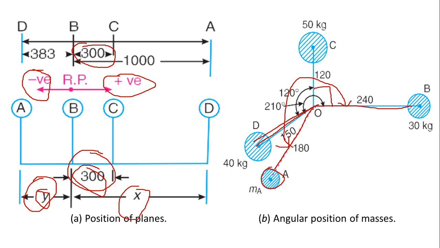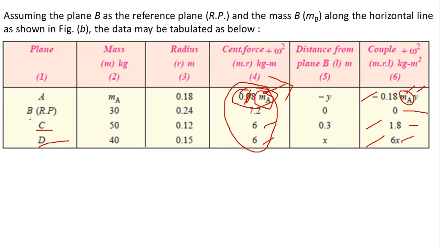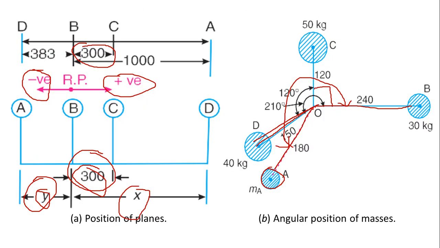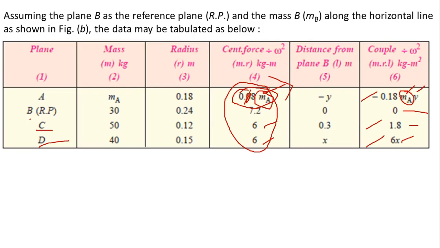You know the angular positions for A, and even for D. So with respect to the angular position of A and D, you can draw a line, and it will intersect at some point.